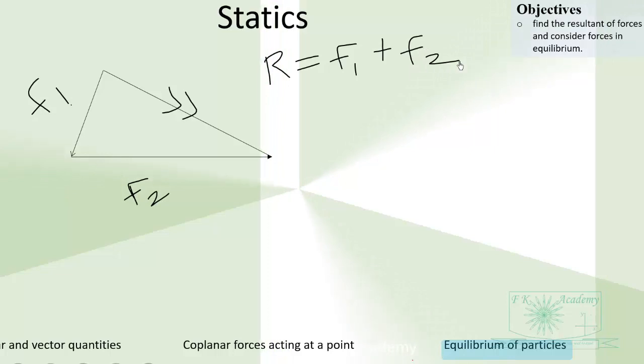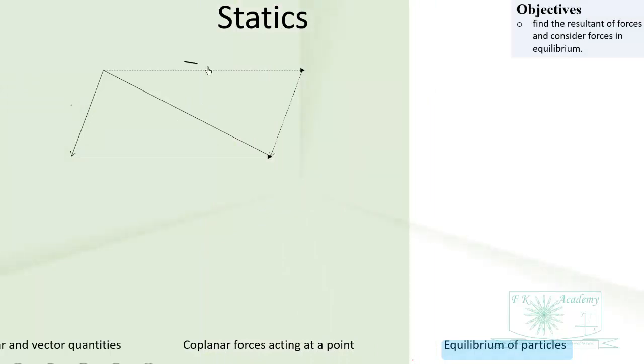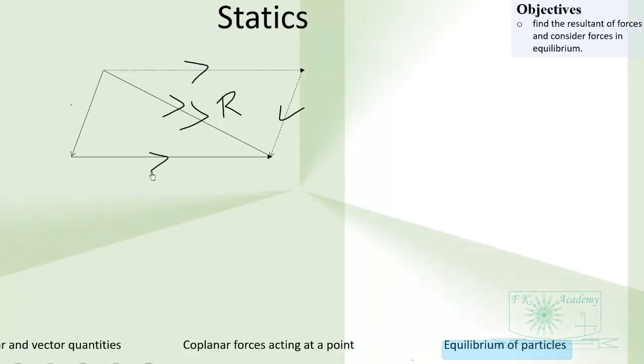So we must first of all resolve the F1 and F2 into their component form. Then we add the corresponding components. So we can see that these form a parallelogram. They are all meeting the resultant here. So some call it the parallelogram law of vector addition or addition of forces.